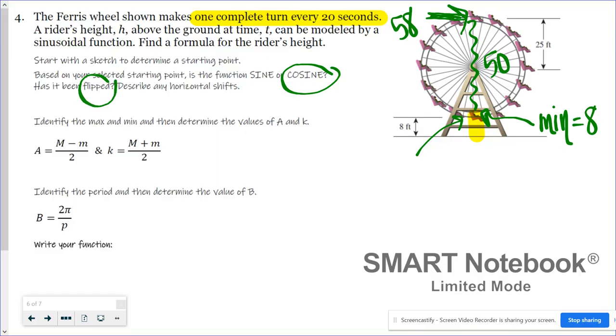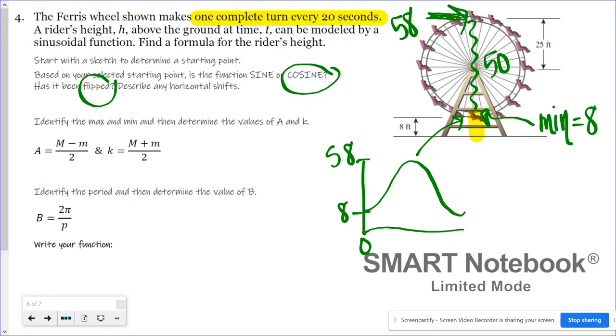There aren't going to be any shifts here because you're getting on the Ferris wheel at a time of 0. You're already 8 feet off the ground, and then your height is going to increase until you reach your maximum height, and then you'll return. So this is what our graph is going to look like.